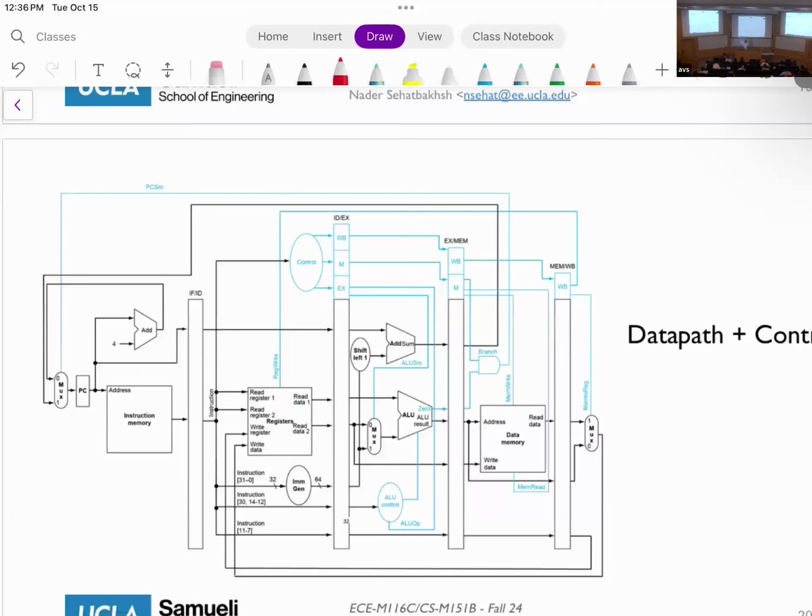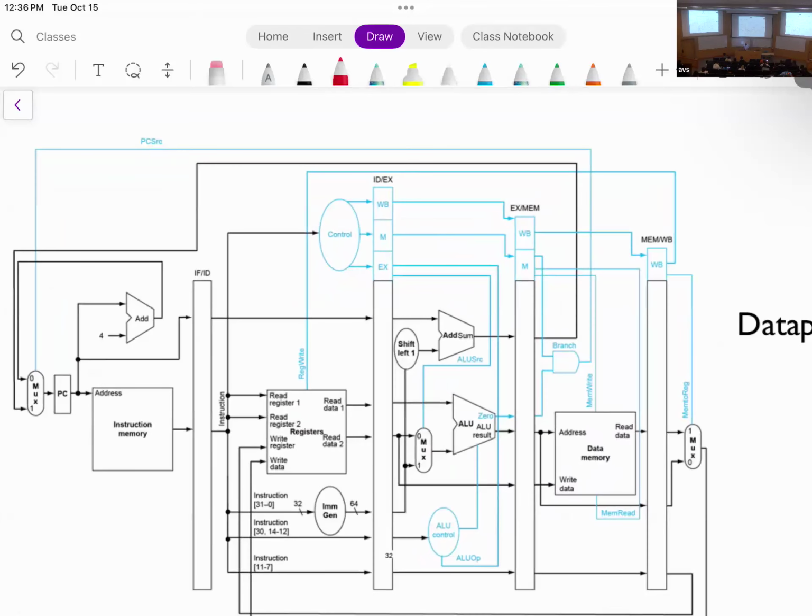So this will be the design of my processor with the control signals. As you can see, the controller takes the instruction during the decode stage. Now I'll have a bunch of these wires, and some of them will be used. For example, ALU source, if you remember, decides whether I want to use the immediate versus RS2.